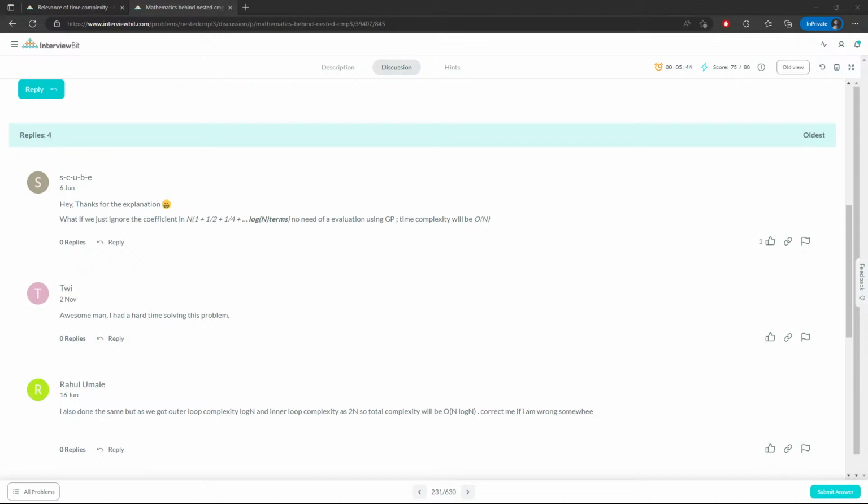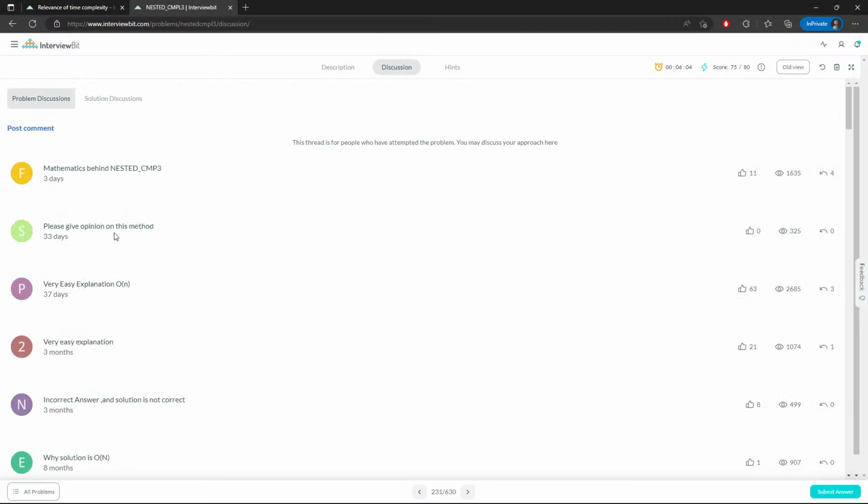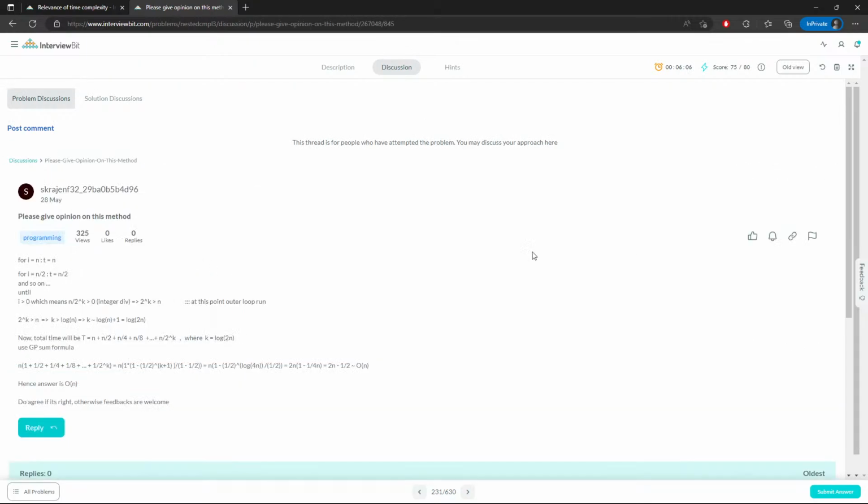What if we just ignore the coefficient n times? We just need to evaluate the GP and complexities. Please give an opinion on this method.